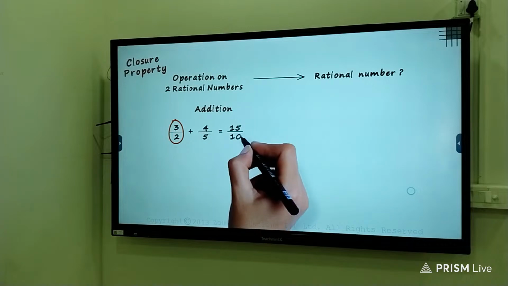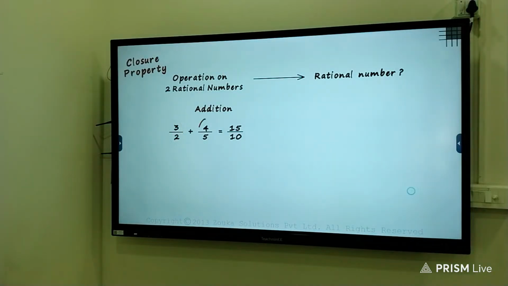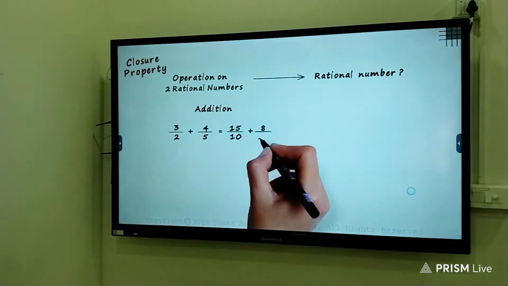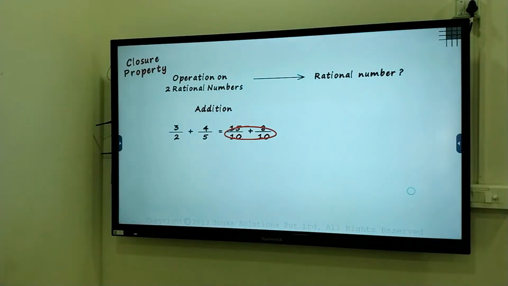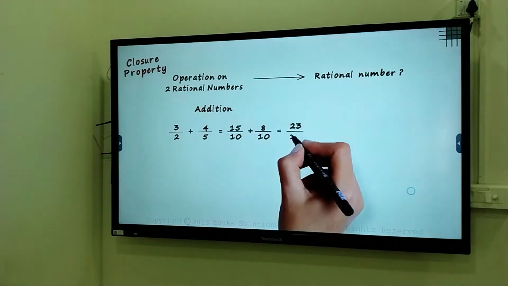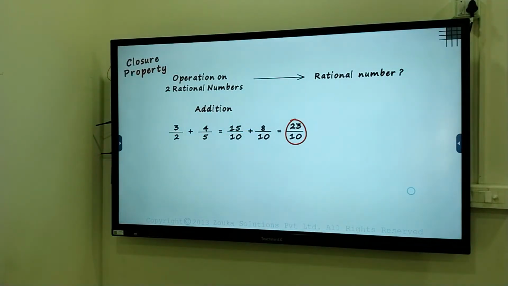They are equivalent rational numbers. And 4 by 5 can be written as 8 by 10. Adding the numerators over the common denominator, we get 23 divided by 10. This is a rational number.